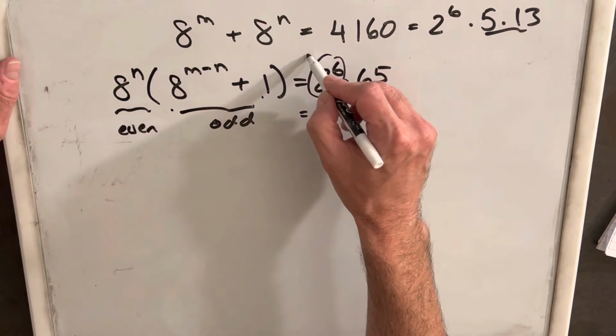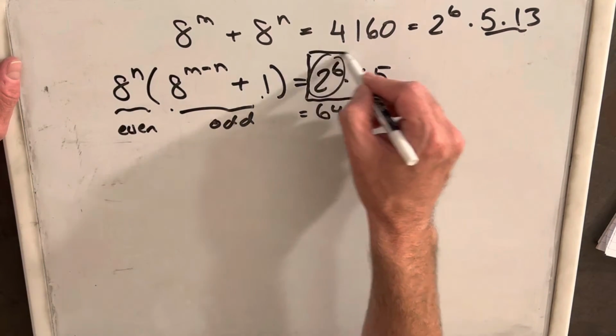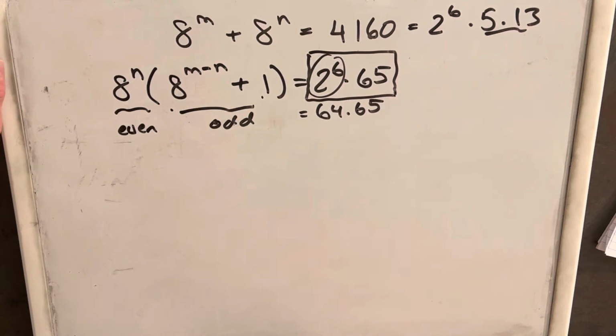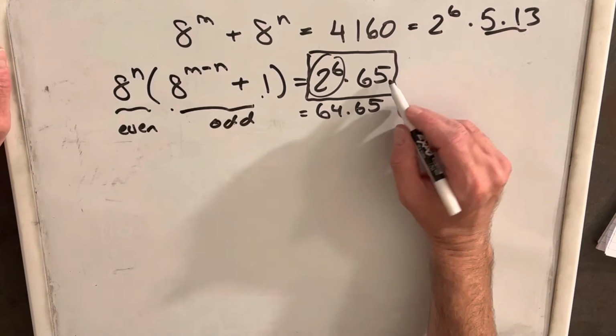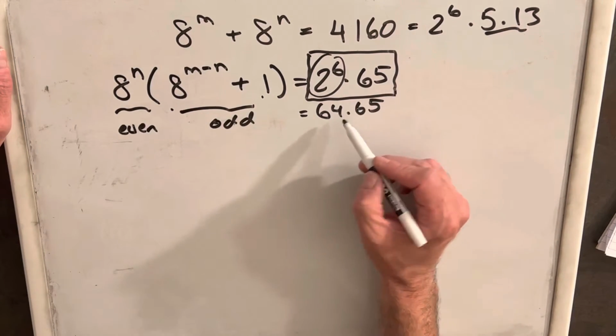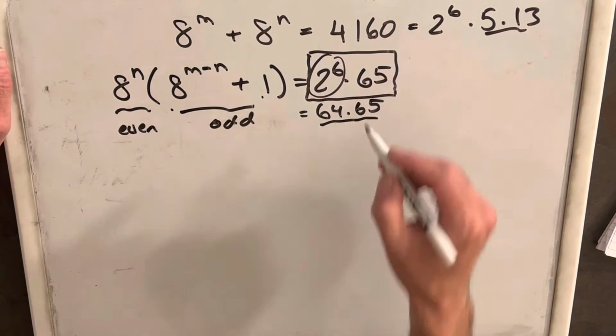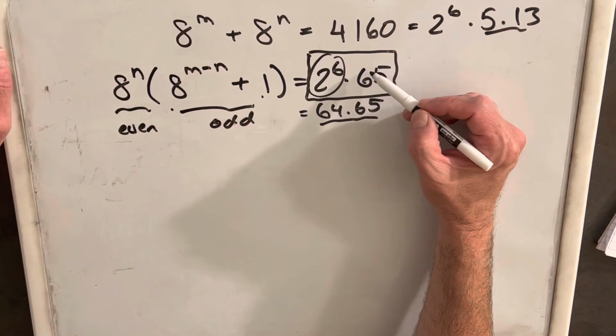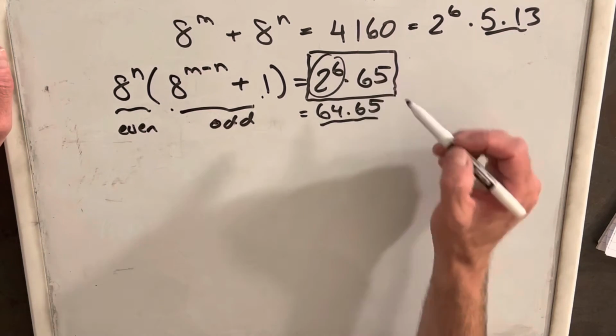So we could split this number up any number of ways. There are quite a few different combinations, but I think what you'll find is there's only one way to split them so that we have an even times an odd. This is the only way, and I'll show that. We could split up this 2 to the 6 different ways.